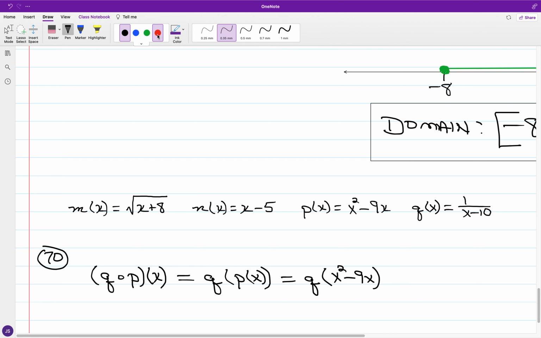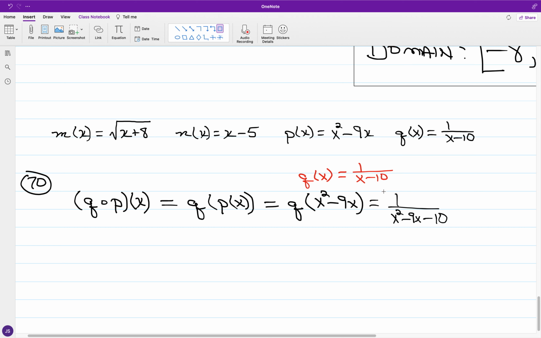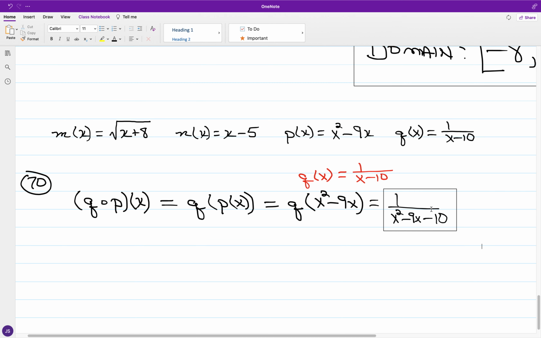And for the follow through, in accordance with Q, the output is equal to 1 over the input minus 10. So the input will be x squared minus 9x, so 1 over x squared minus 9x, followed by the subtraction of 10. And that's going to be the final output.